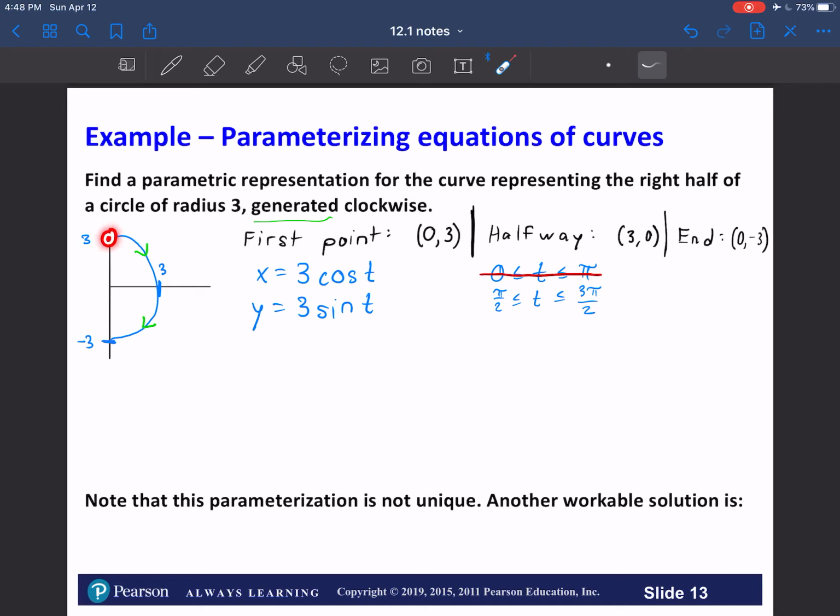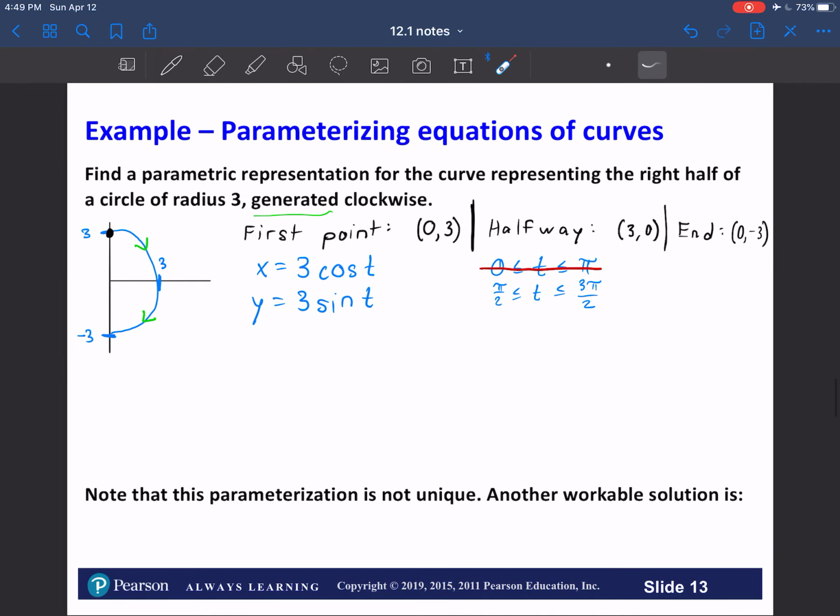So 0, 3, that's a good start. Our halfway point would occur at t equals pi. Sorry, at t equals pi, we would get x equals -3 and y equals 0. Yeah, that works.